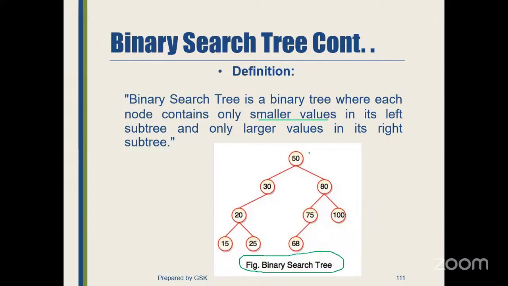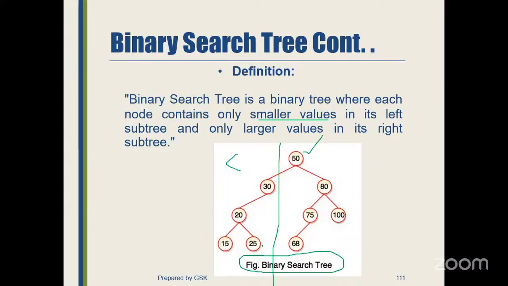See, suppose I have a binary search tree. Let us check whether we are following the rules or not. The root node is 50. If you observe the left subtree values 30, 20, 15, 25, all the values are less than 50.